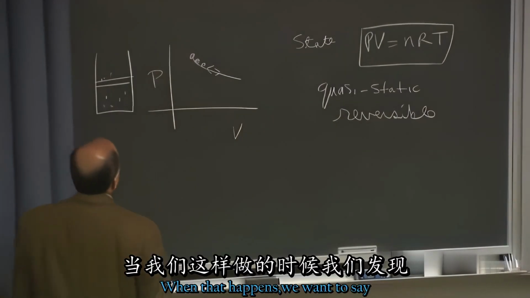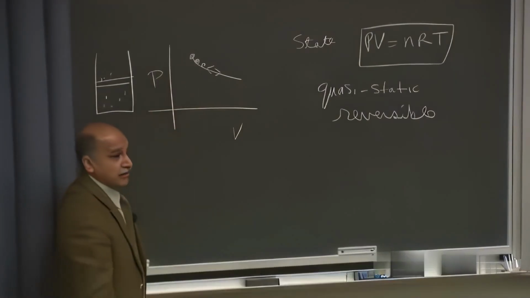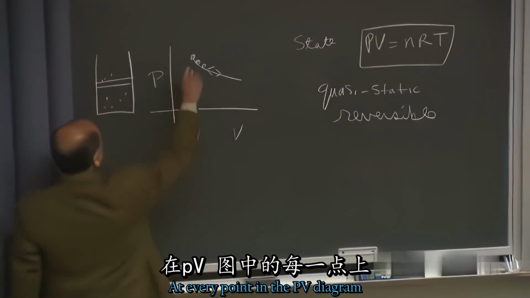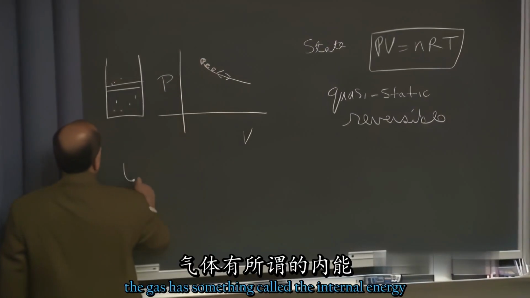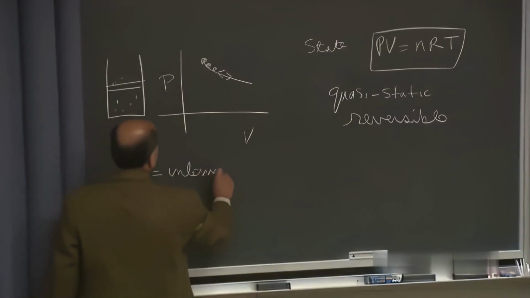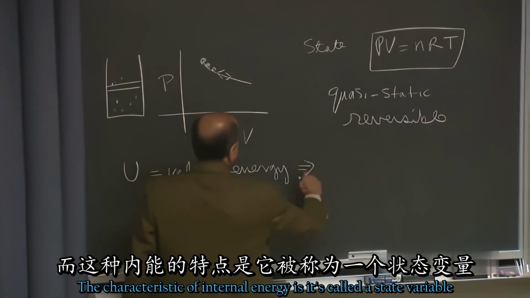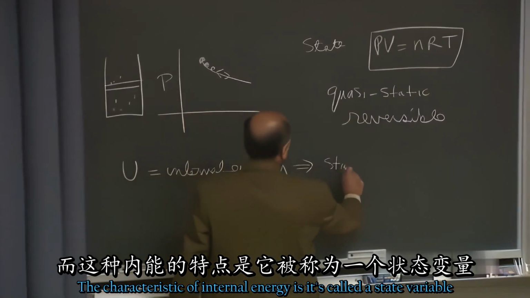When that happens, we want to say the following thing about the state of the gas before and after. At every point in the PV diagram, the gas has something called the internal energy. And the characteristic of the internal energy is that it's called a state variable.